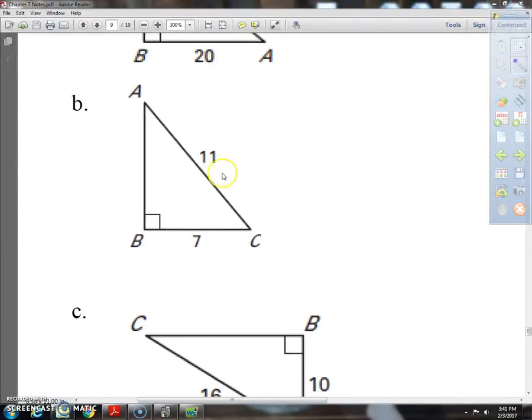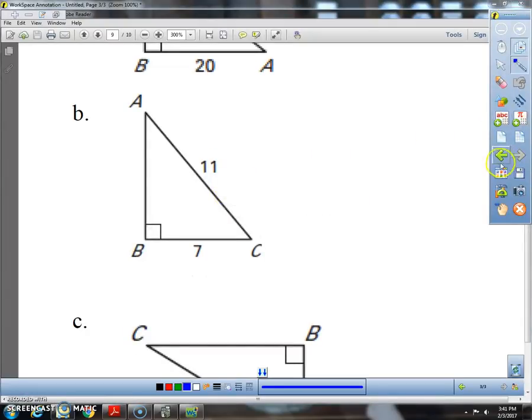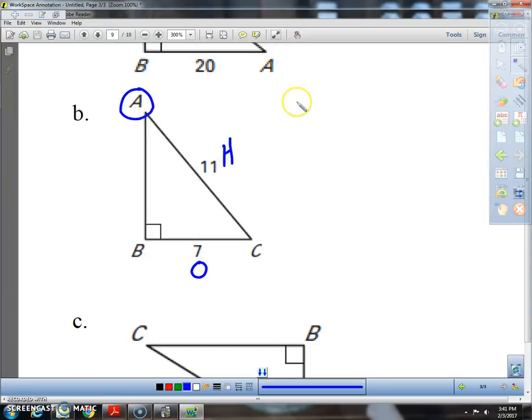All right, let's try this one. I'm still searching for, directions were for the measure of angle A, so this is my angle up here. All right, opposite hypotenuse. We should recognize that as the sine. The sine of angle A is equal to 7 over 11. That doesn't reduce, I'll just leave that alone.